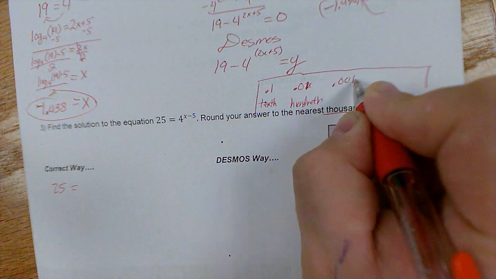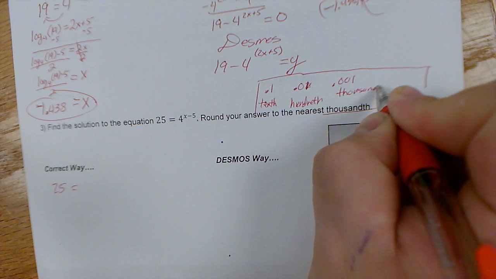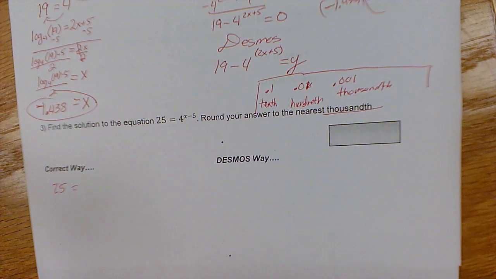So 3 decimal places would be what you would call your thousandths. They will count you wrong on the exam if you have the fill in the blank and you don't go as many. So we're going to talk about the way you can cheat rounding and the way you do it the way you're supposed to.